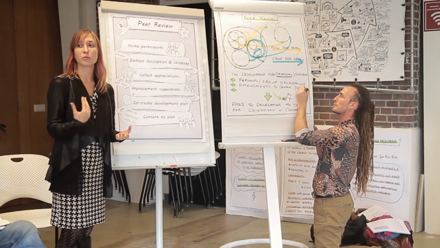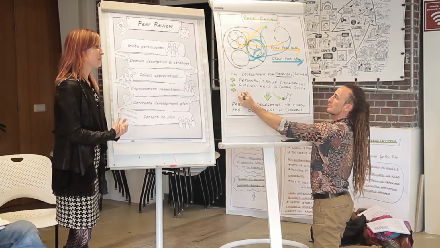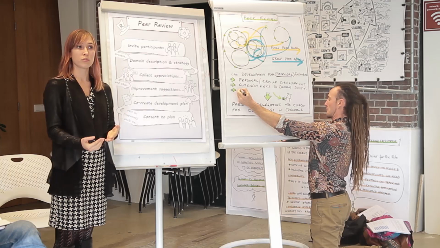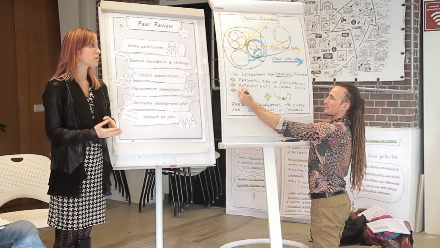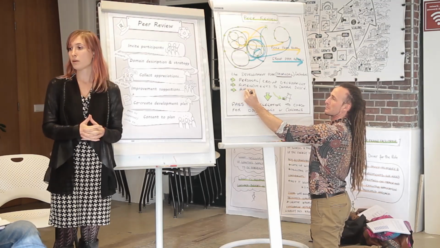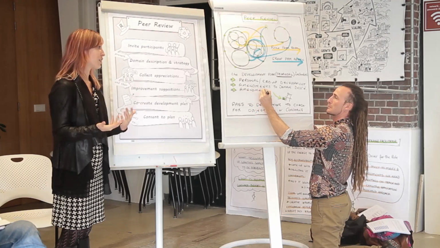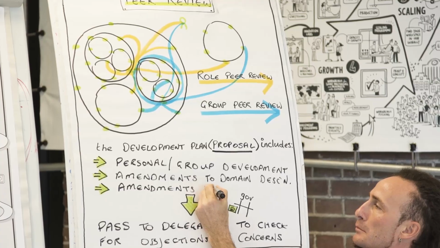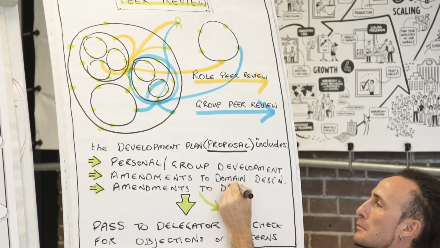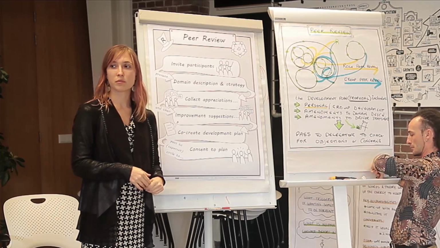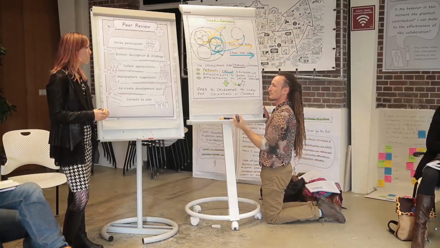So in the review, we'll gather information about that as well. So amendments to the domain description, which includes amendments to the driver for my role, or the driver for the circle, because things change and they might not happen the way they did, and they might not be needed. Yeah? So it can include amendments to the domain description, but not necessarily. So that's it.